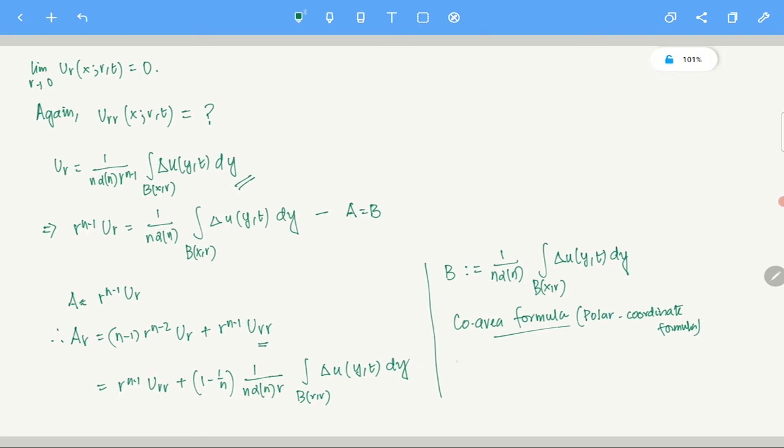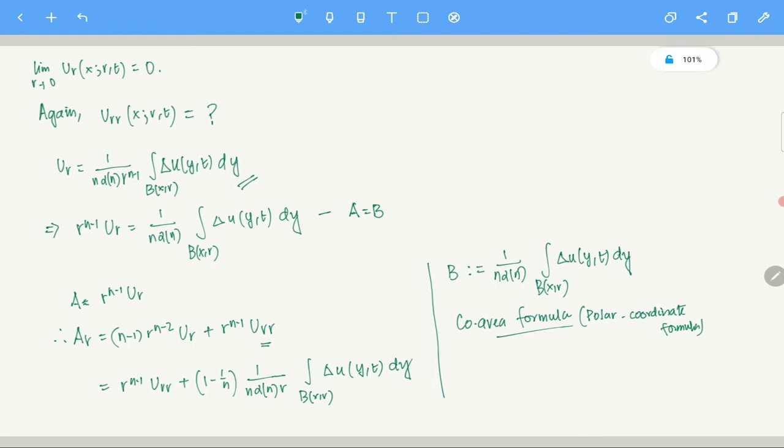Basically, this is not really a new formula. You guys already know this thing. If f is continuous and summable, maybe I can write it on the next page. That will be better. It's a very important formula. You guys should know that. So let me do it on the next page. The formula says that this is the polar coordinate formula.